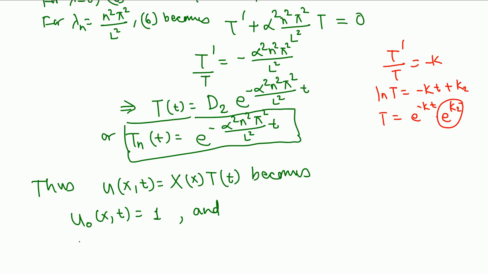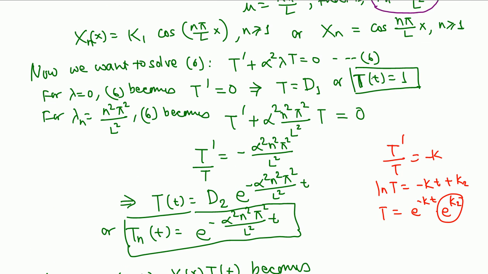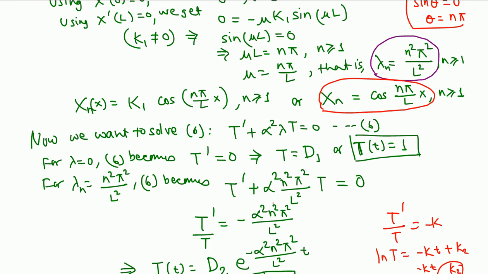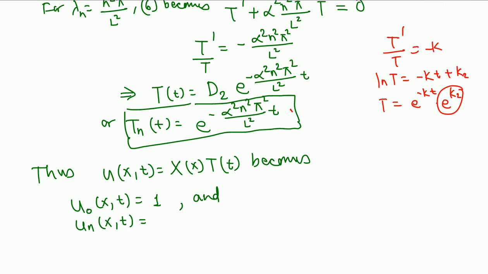And for all other n's, n equals 1, 2, 3, 4, etc., that was XT. So X was found here, just the cosine function, and for these X, those are coming from the lambda n's, and we found T here. So let me write this first then: e raised to negative alpha squared n squared pi squared over l squared t times cosine of n pi x over l.